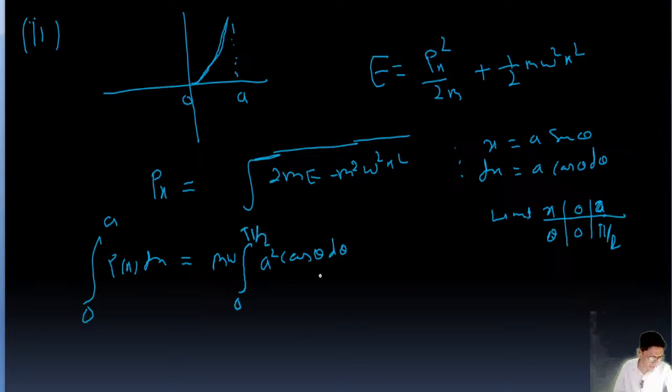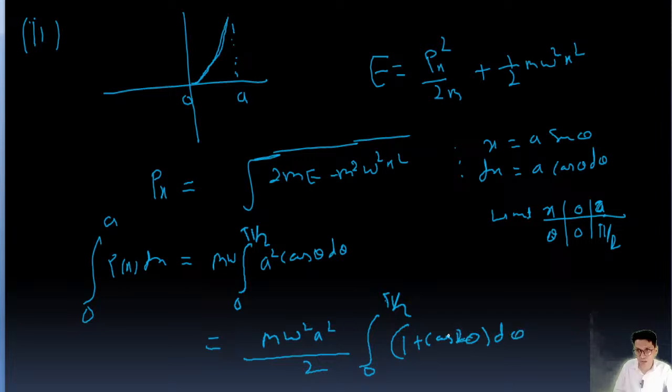Now simple thing, we'll solve it, and this is going to be a cos square value. So this is m omega a square upon 2, from 0 to pi by 2, of 1 plus cos 2 theta d theta. Now we'll put the value.